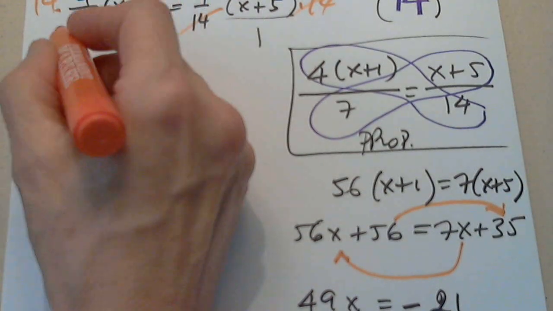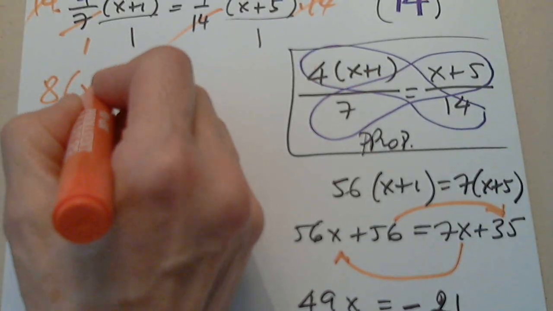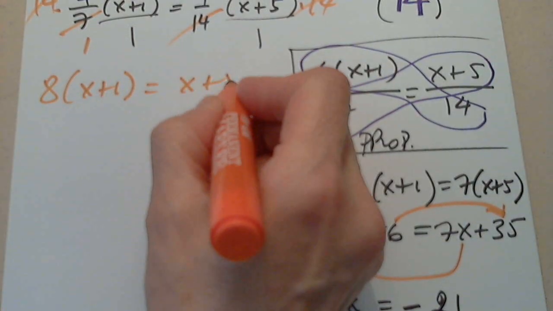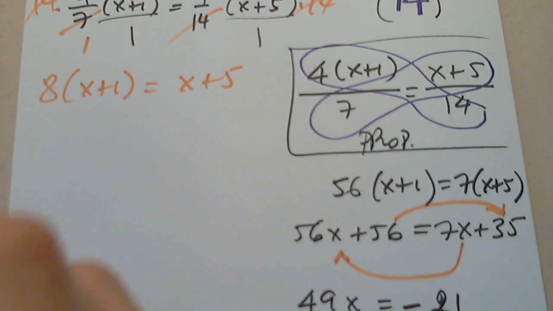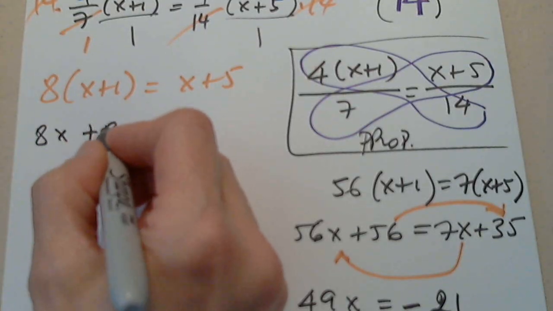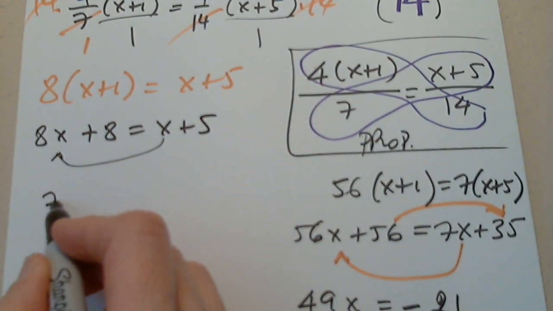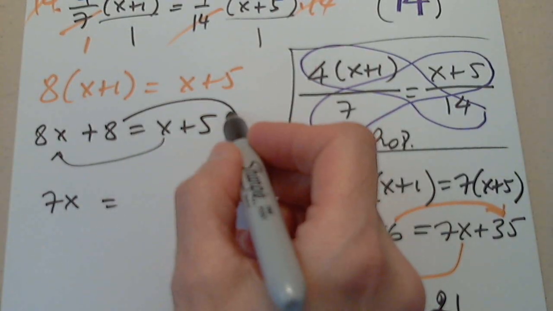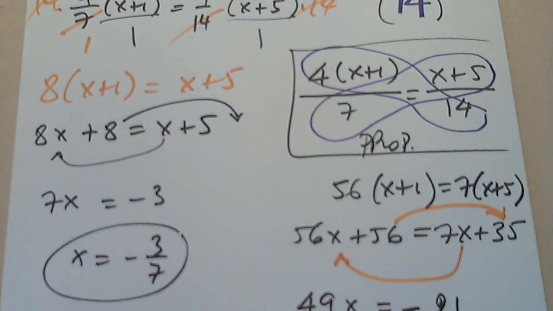Here I simplify by 7. So then I have 8 with x plus 1 and x plus 5. I distribute: 8x plus 8 equals x plus 5. I move x next to this and I get 7x. I move 8 next to 5 and I get negative 3. And it better be the same thing.